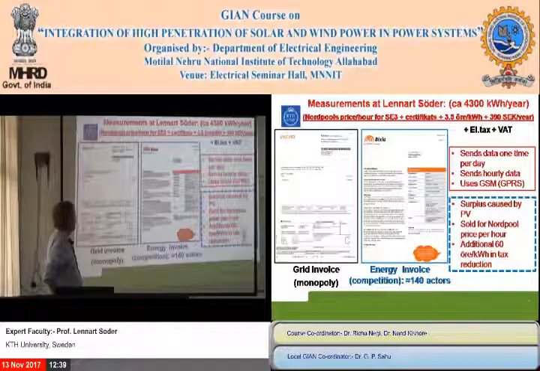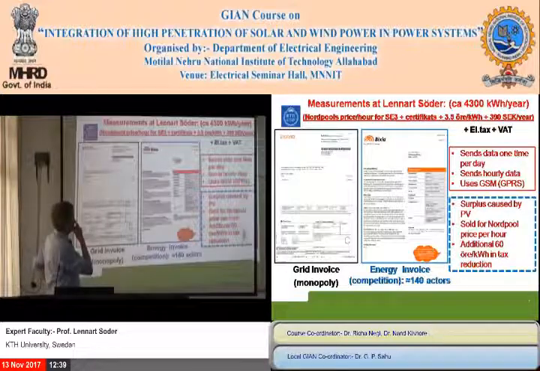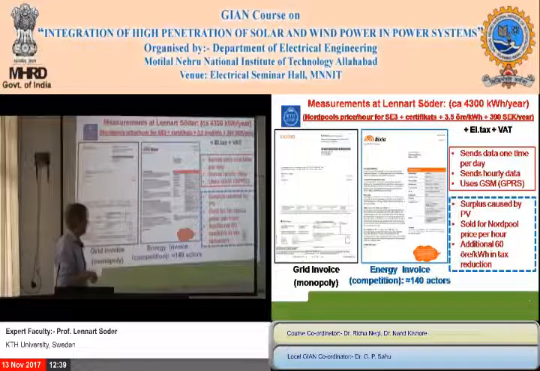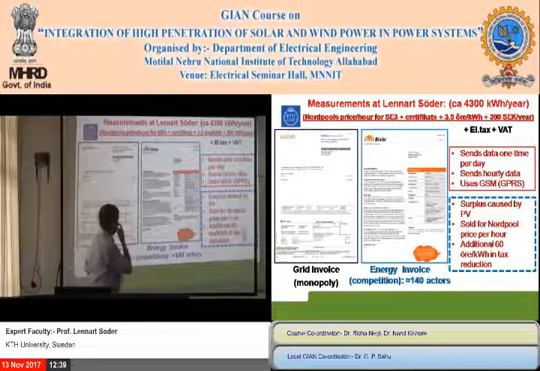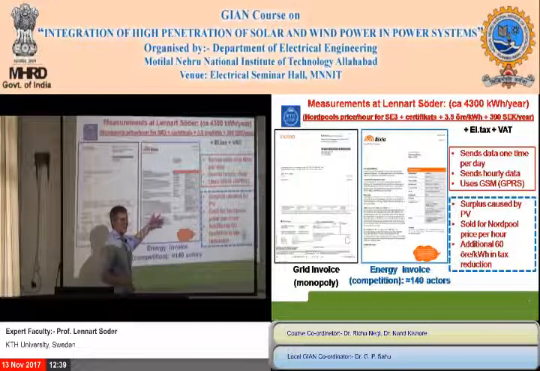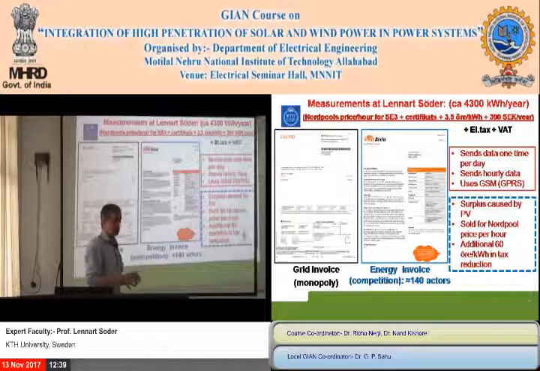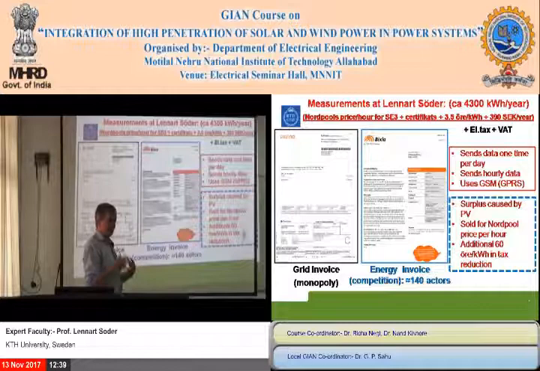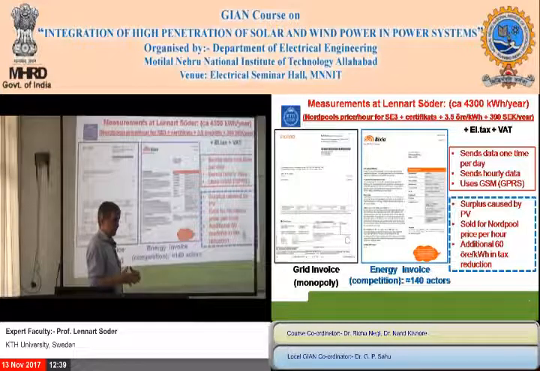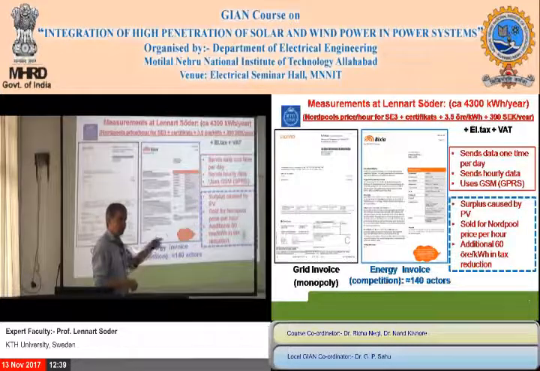Okay, so for my consumption, I pay this Nord Pool price, but that's only for the consumption. Then I have this bill I get from the grid company. But sometimes I have solar power, and the benefit of my solar power is that I reduce my purchase. I don't have to buy so much.